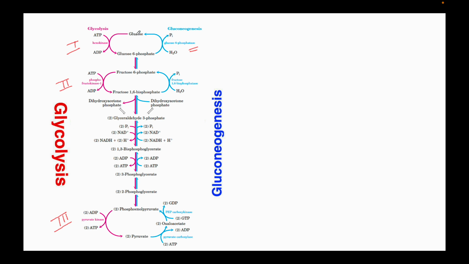Why are there different reactions in glycolysis and gluconeogenesis? Because the delta G of the formation of glucose 6-phosphate from glucose is negative, approximately minus 20 kilojoule per mole.